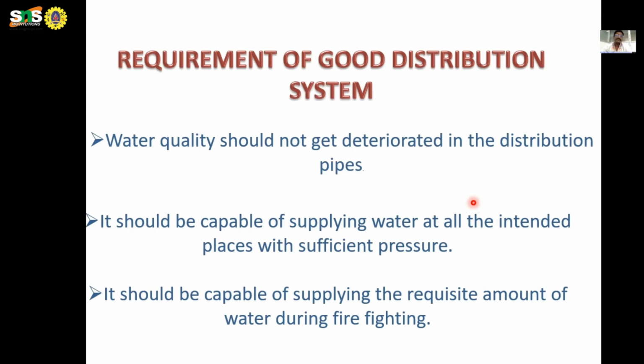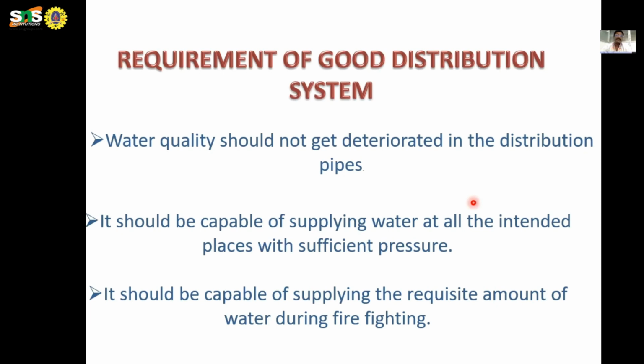Water quality should not get deteriorated in the distribution pipes because of the pipe material or any other reason, like leakages in the pipe or any breakages, which should be taken into account. It should be capable of supplying water at all the intended places with sufficient pressure.